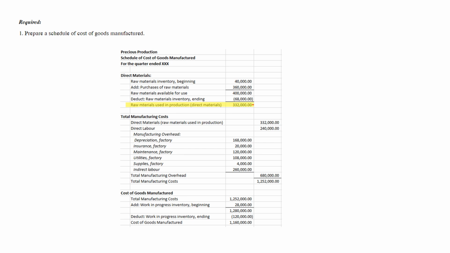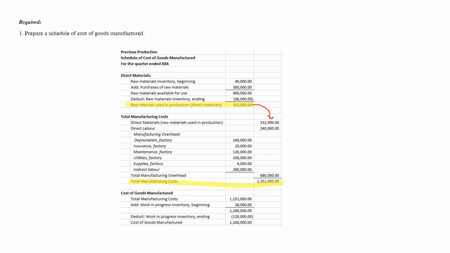And then we pulled down that amount here, which flowed into our total manufacturing costs. So that became our direct materials. We pulled in our direct labor and manufacturing overhead from the chart, and we got total manufacturing costs of 1.25 million. So that was our next pull in.